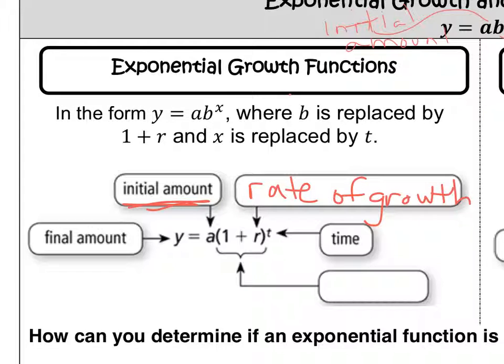It is going to be this little formula right here: 1 plus our rate as a decimal. So 1 plus the rate as a decimal will give us our rate of growth. We just call this our growth factor.